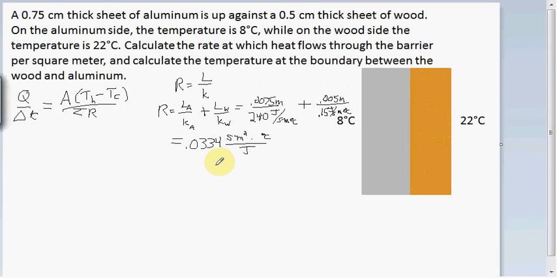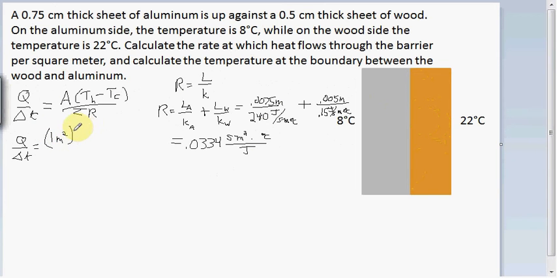So let's put all this together and figure out the rate at which heat is flowing through this material. Q over delta T is equal to, now we want to know the rate at which heat is flowing per square meter, so I'm going to take A, my area, to be 1 square meter.